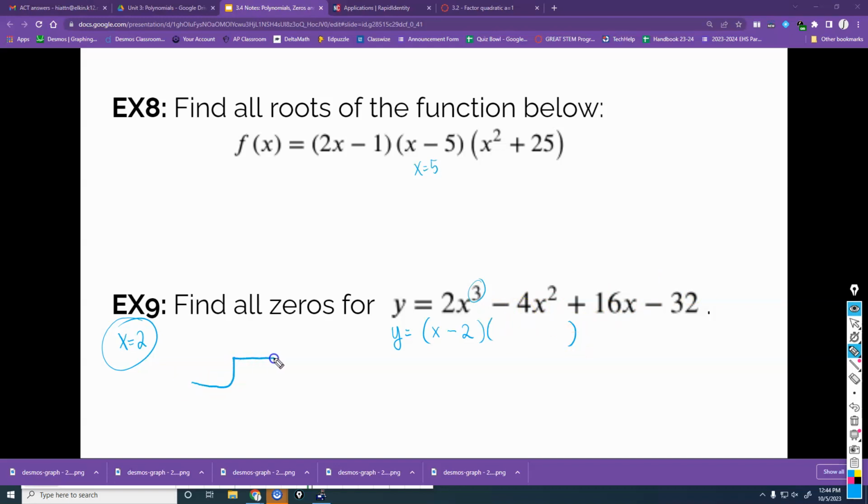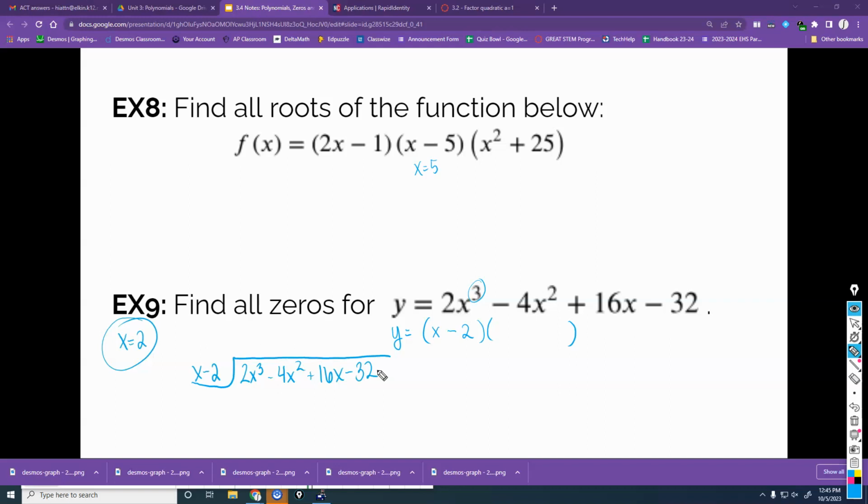So I can do x minus 2, and I can divide that into 2x to the third minus 4x squared plus 16x minus 32. So this is one of the few types of problems where you're going to have to pull that division back out.